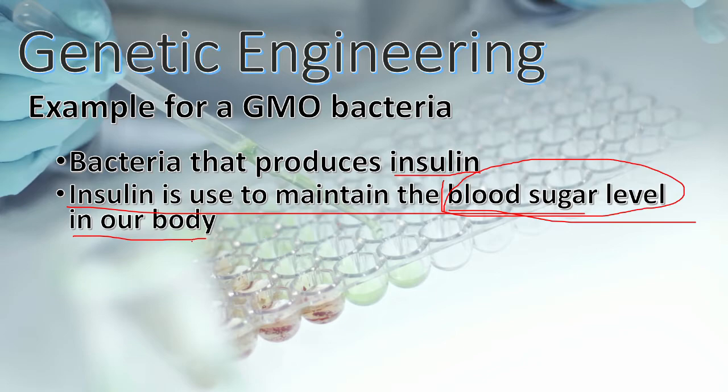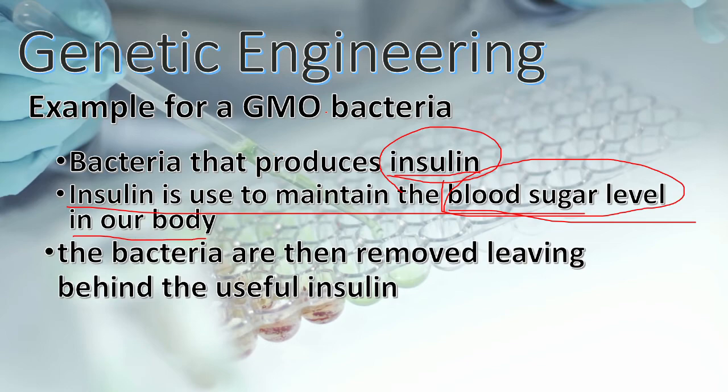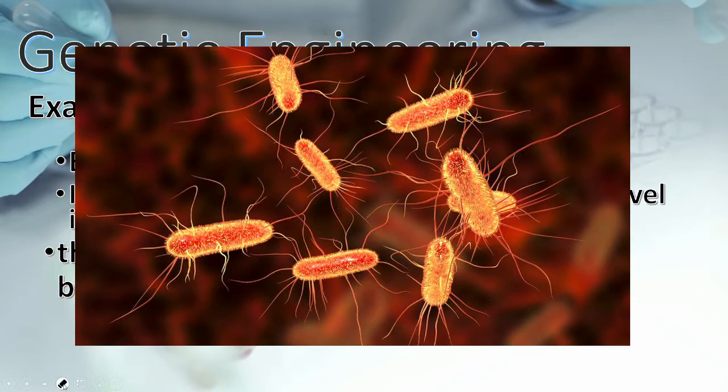That's why insulin is very important in our body. After producing insulin, the doctors will remove the bacteria, leaving behind the useful insulin. Usually the bacteria that produce insulin is E. coli, and these E. coli bacteria are usually found in the waste of the human body.